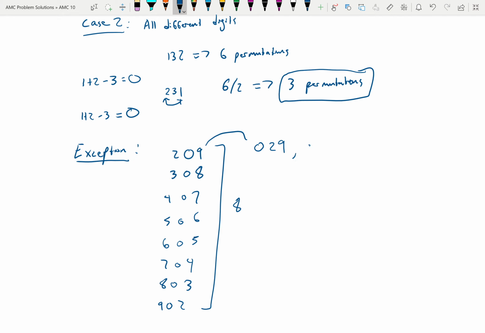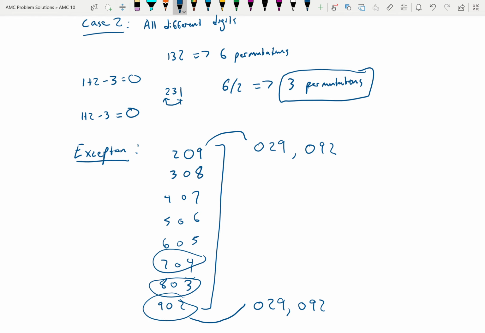But we can also do this, 092. But if we look at here, this 902, we can also make those here. So we can make these same permutations from 902 and 209, 803 and 308. So we're double counting here, here, here, and here.